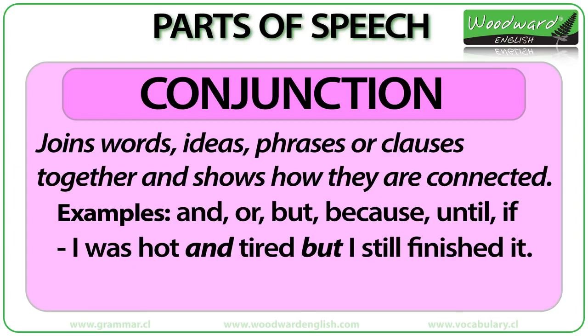In this sentence, and joins the adjectives hot and tired together to express that I felt these together. But is also a conjunction to join the first clause, I was hot and tired, with the second, I still finished it. But is used to contrast that even though I was hot and tired, I was still able to finish it.